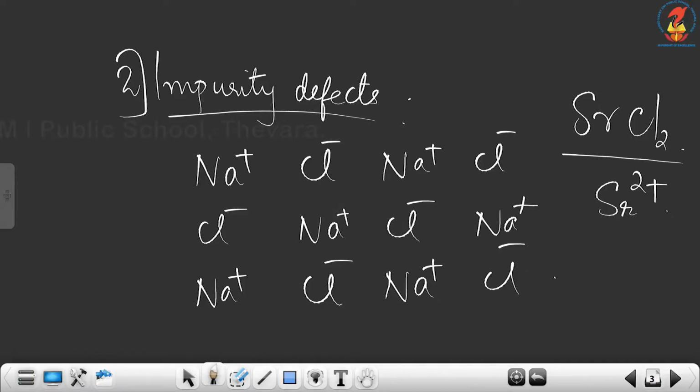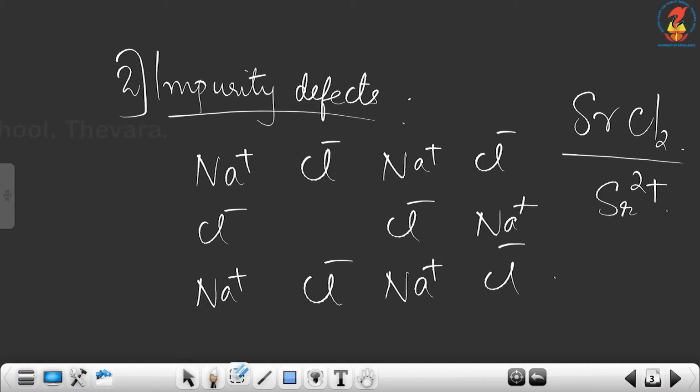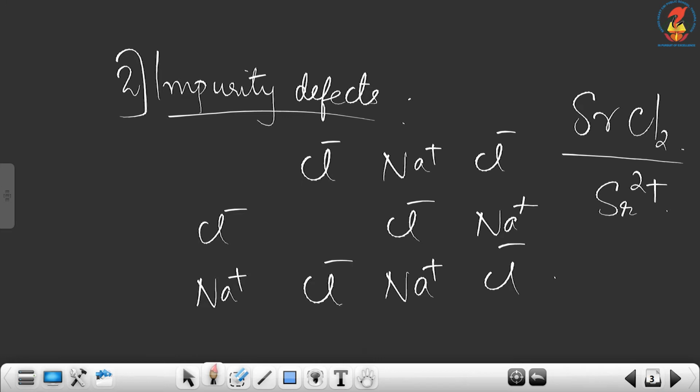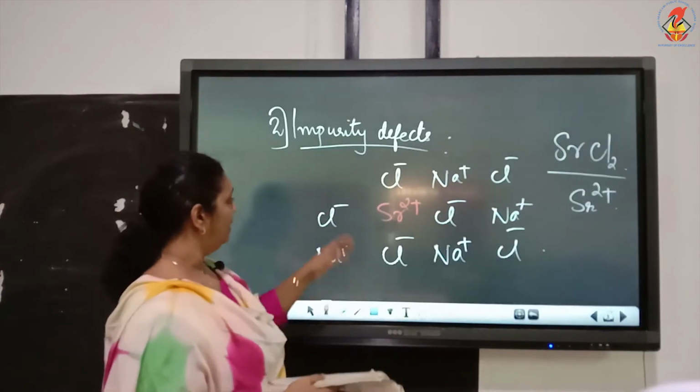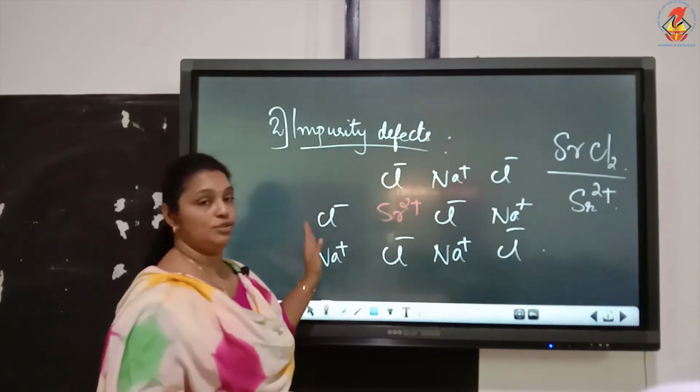Okay, so I am going to remove 1 sodium ion and 1 more sodium ion, and I am going to replace them with an Sr2+ ion. So you can see here a vacancy, one lattice site is vacant. There is a vacancy defect also here.